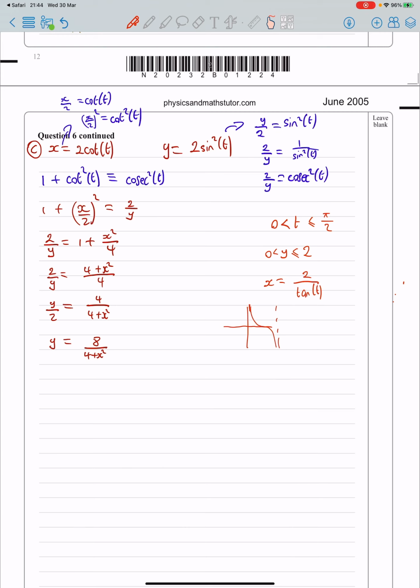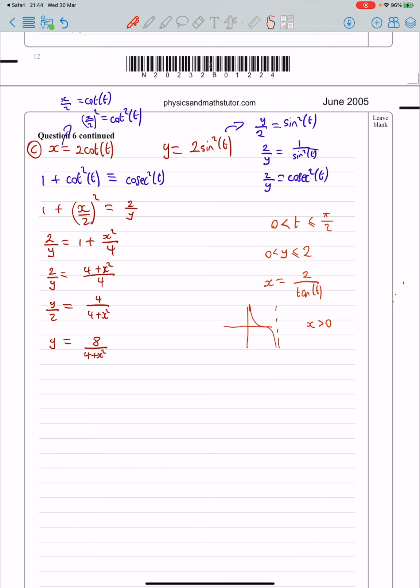Between 0 and pi over 2, that's essentially from 0 up to infinity. So that's basically everything greater than 0. Okay, so basically x is always greater than 0 is what it's telling us.